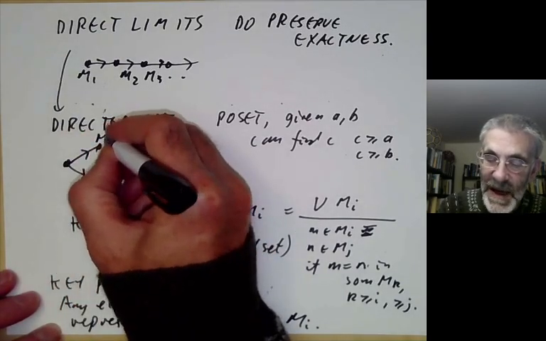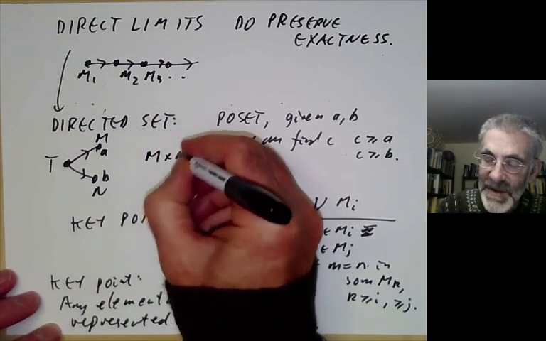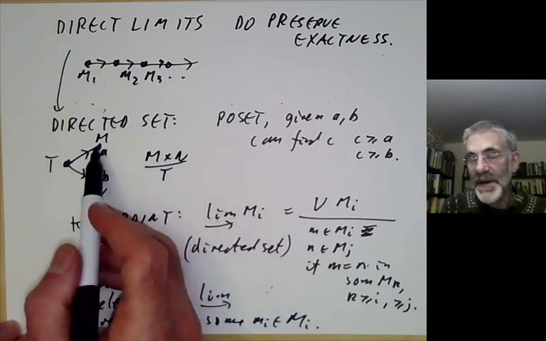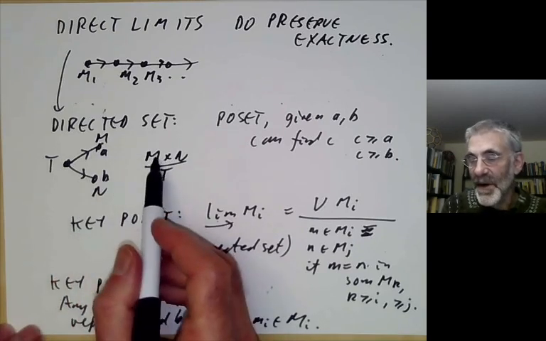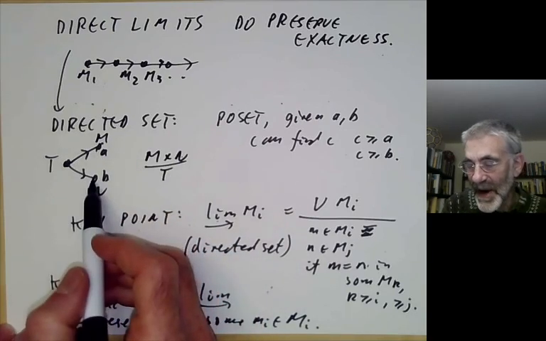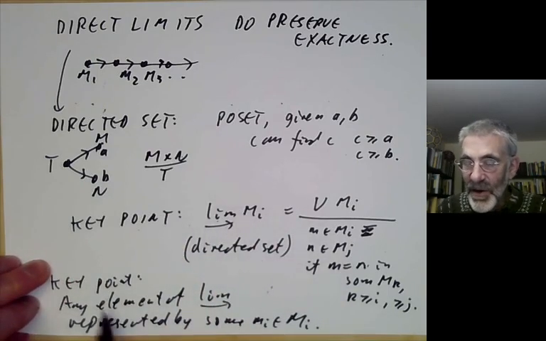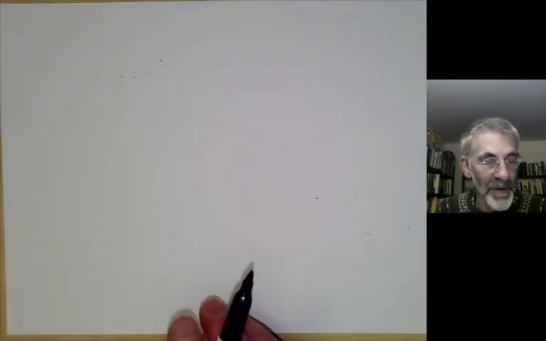So if you have modules M and N and T, then the colimit is going to be M times N over the quotient of T, and not every element of this is represented by either an element of M or an element of N. There are some elements in here which you can only get by adding an element of M to an element of N. So this is the special property of colimits over directed sets, which is not true for colimits over arbitrary sets.